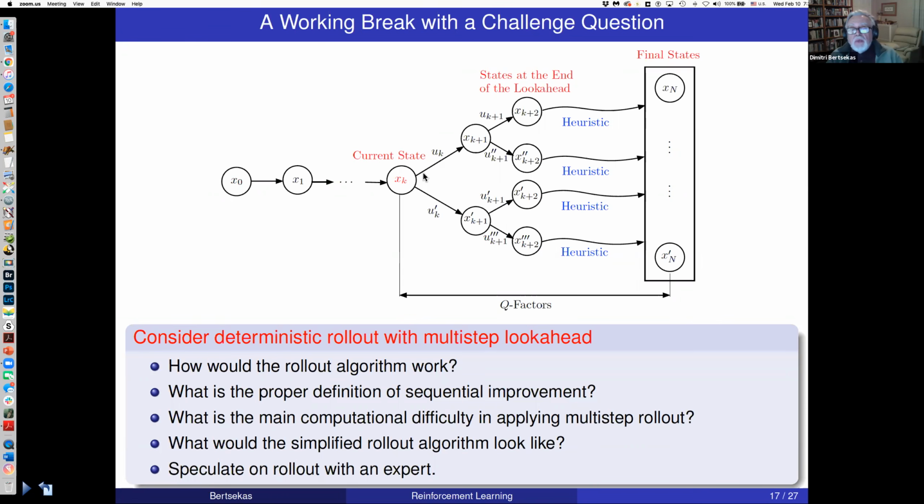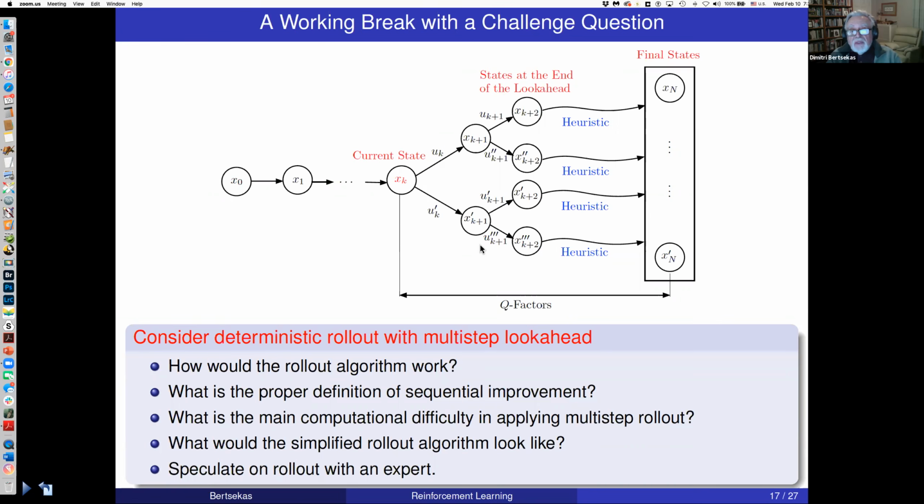So how many times would you run the heuristic in total? I guess L times. Not sure. From how many states? Of course, you have to run from each state. Yeah, that's true. L times the number of states.